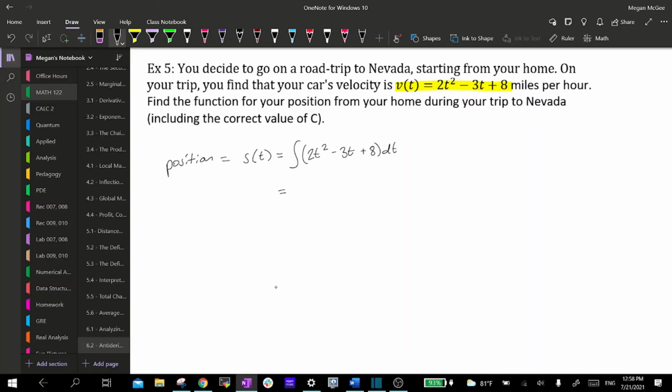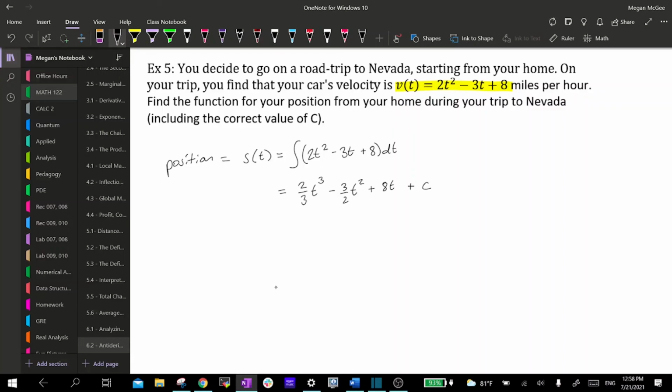So this is going to give us 2/3 t cubed minus 3/2 t squared plus 8t. And we can't forget our constant of integration. I skipped a few steps there, but it was just power rules all the way through.